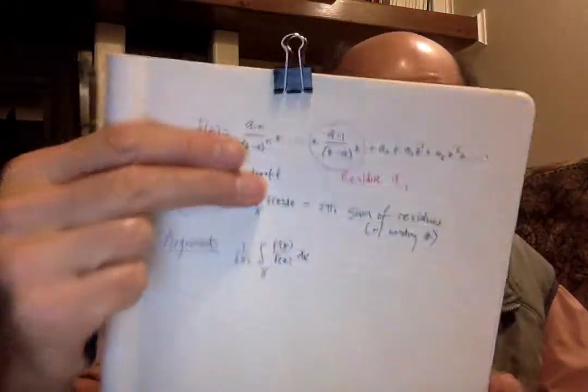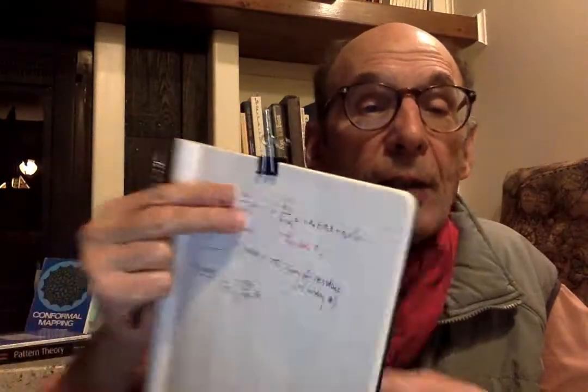Well, when you look at the logarithm of something that has a bunch of zeros and poles, when you take f prime over f, what you get is a series that looks like this around each of those poles, and you get residues.